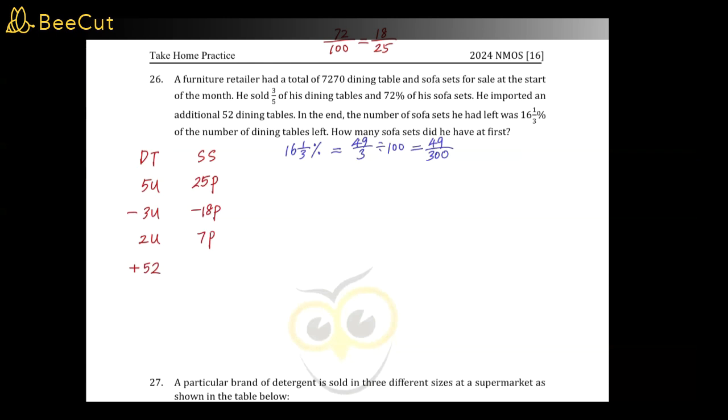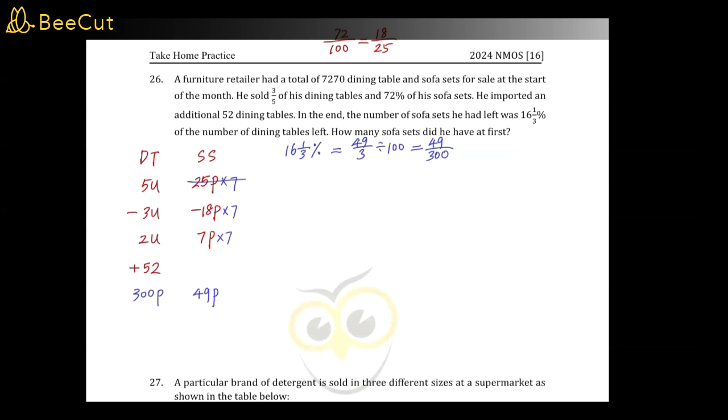So in the end, let's make the numbers into 300p and 49p. There's no increase from this step, so everything on top, we should make the final number into 49p. Then everything here times 7.